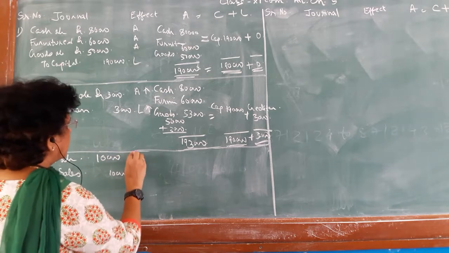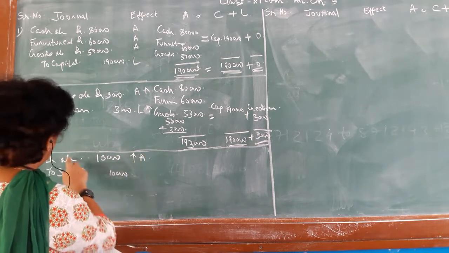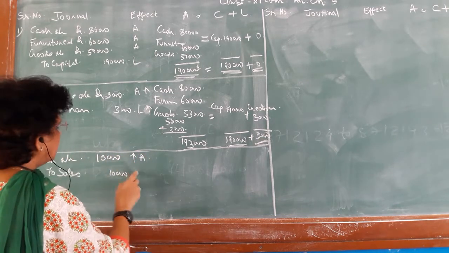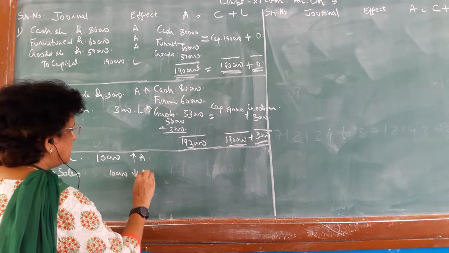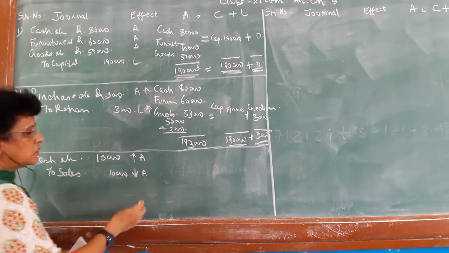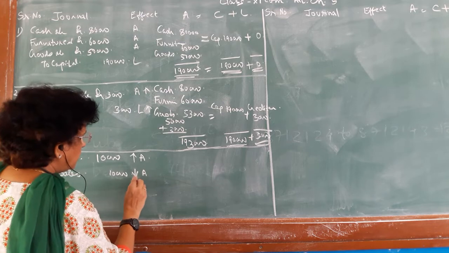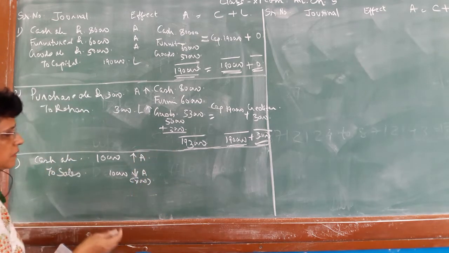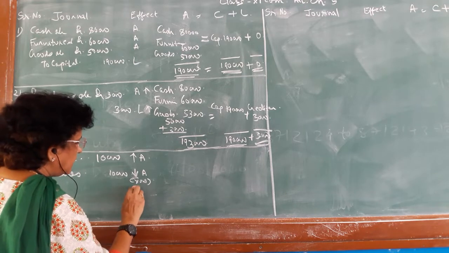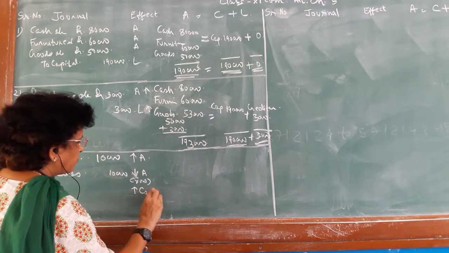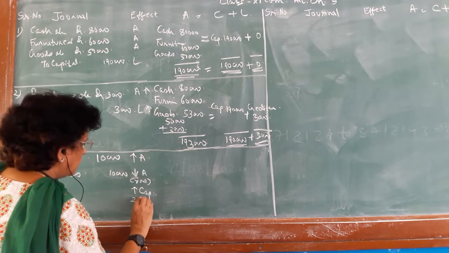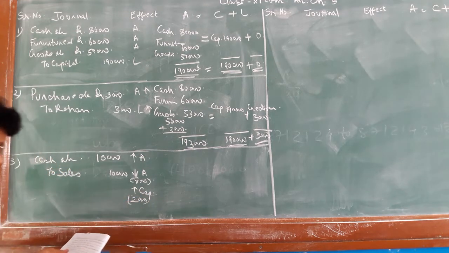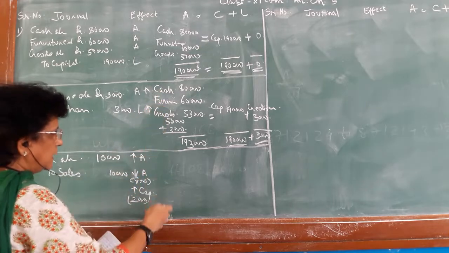The effects: your asset increases, and sales means your asset decreases, goods are also going out, but goods are going out of only 8,000. So there is one profit, that is an increase in capital, worth rupees 2,000. What is your margin? So how are we going to show this in our equation?